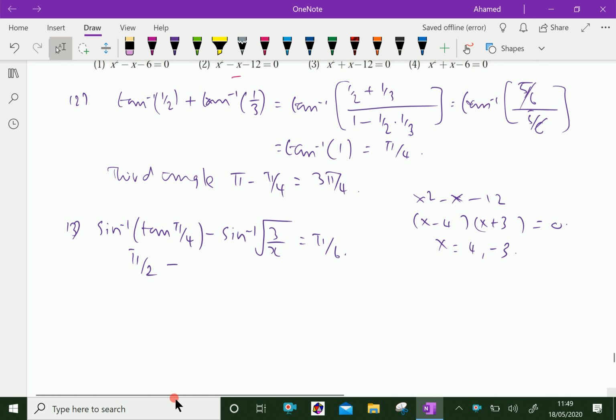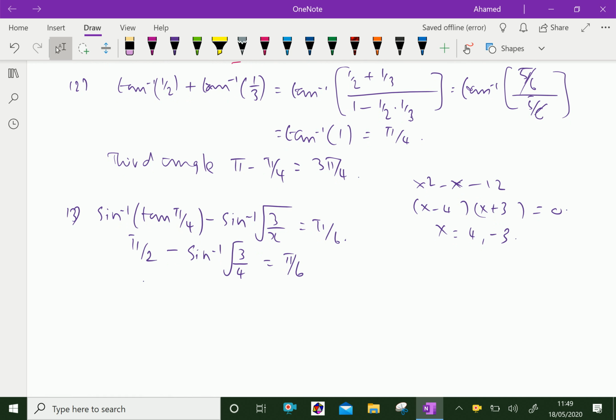We can say here sine inverse of root 3 over 4, one of the roots, equal to pi by 6. Now pi by 2 minus sine inverse root 3 by 2 equal to pi by 6.